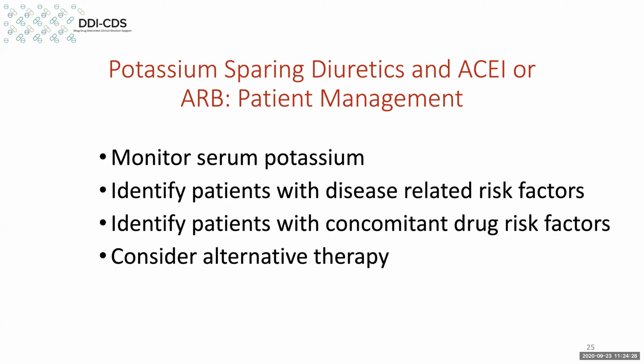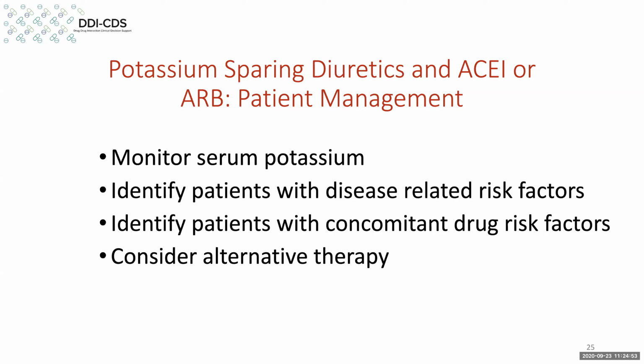And as you probably all remember, hyperkalemia can produce a number of symptoms. The things to look for, of course, are diarrhea, abdominal pain, muscle weakness, paresthesia, and paralysis. And the other side is the cardiac effects. I think we all remember the peaked T waves that are associated with hyperkalemia.